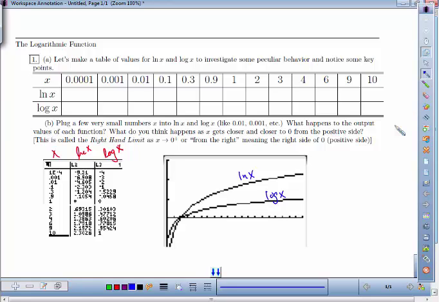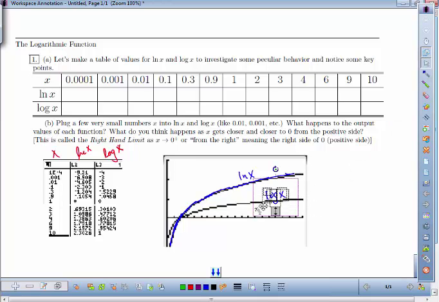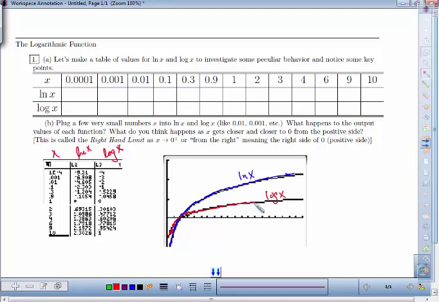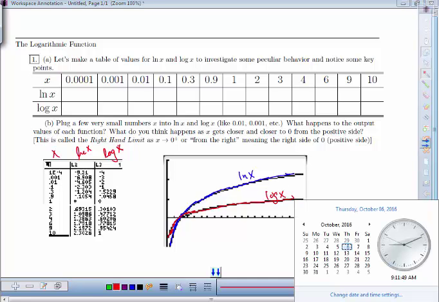When we're looking at it from this point of view, this is the log function. Sorry, the first one was the ln function, the second one was the log function.